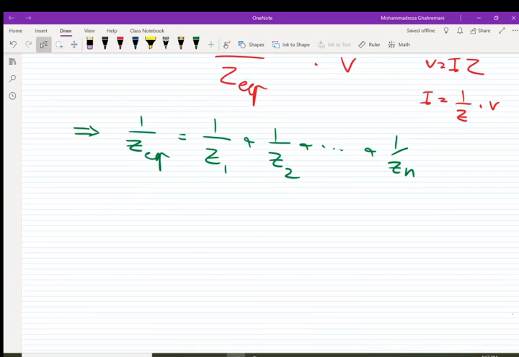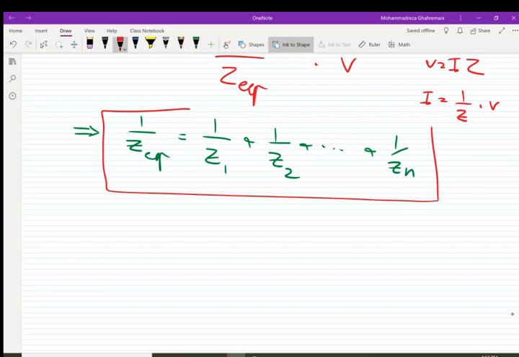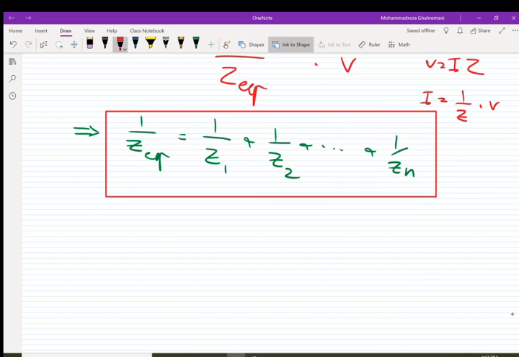So it's like a general equation for equivalent impedances which are connected in parallel.